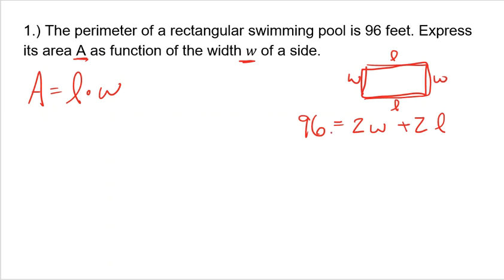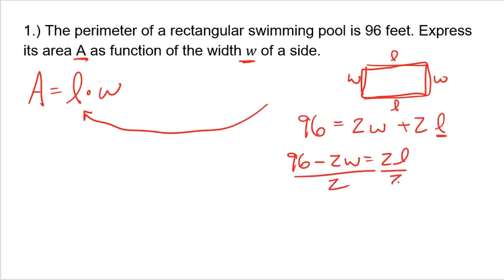And I know the perimeter is 96 because they told me that. So what I could do is solve this formula for L and plug it in to replace that L. So let me solve for L. I get 96 minus 2W equals 2L. Divide everything by 2, and I get length equals, let's see here, if you need a calculator, feel free, 96 divided by 2 is 48.